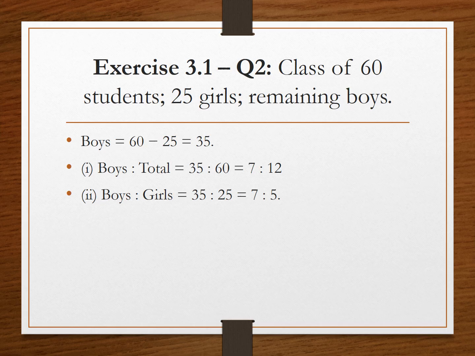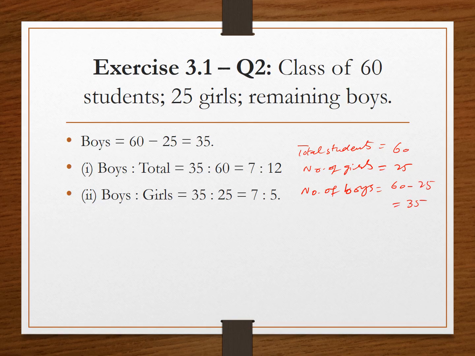As we know, the total students in the class is 60 and the number of girls in the class is 25. So the number of boys will be equal to total students minus number of girls. So it will be equal to 35.